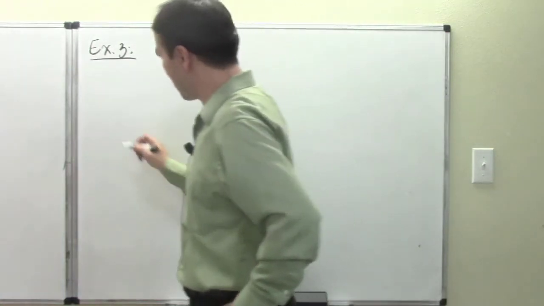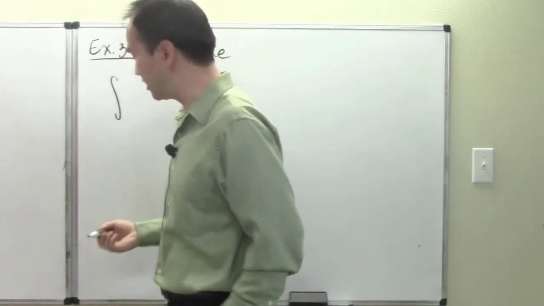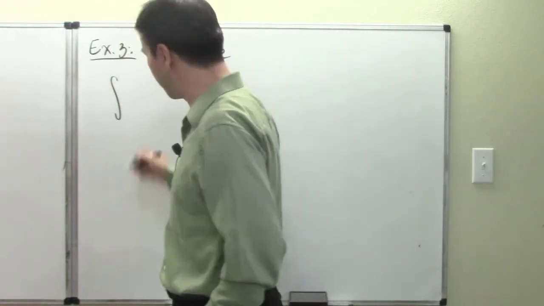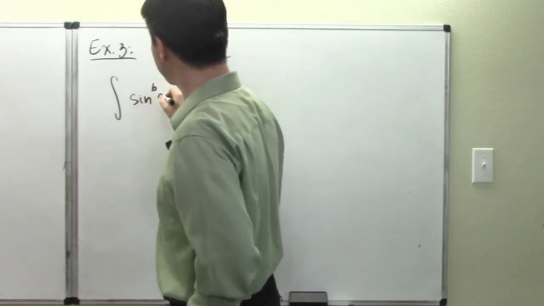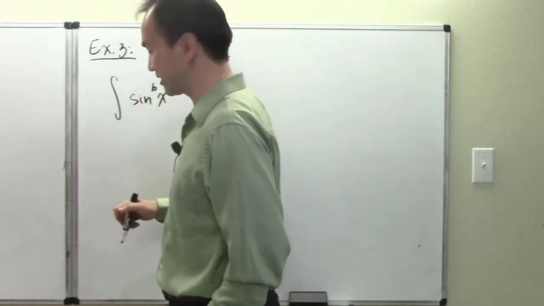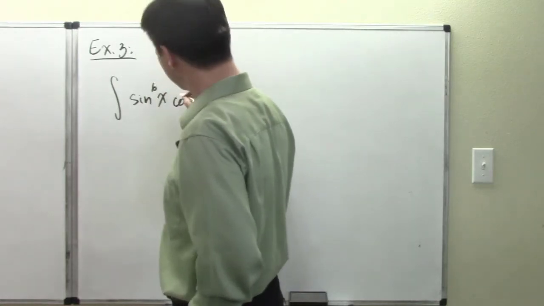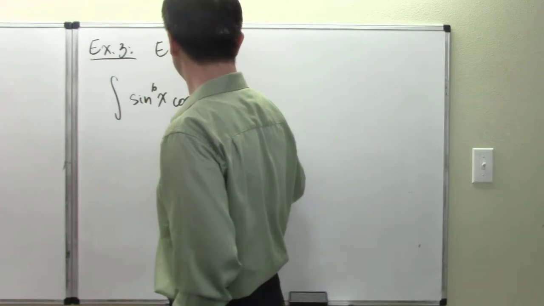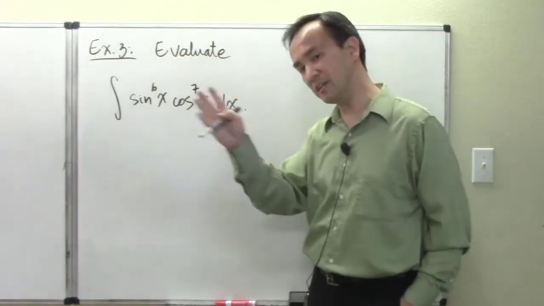The one we're looking at here is an integral. I am expecting a power of the sine and a power of a cosine. So how about sine to the 6 of x, power 6, and then cosine to the 7 of x. And that's what I meant by a power of the sine in product with a power of a cosine.